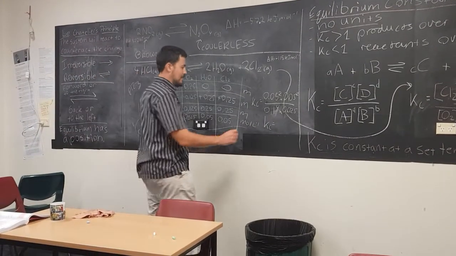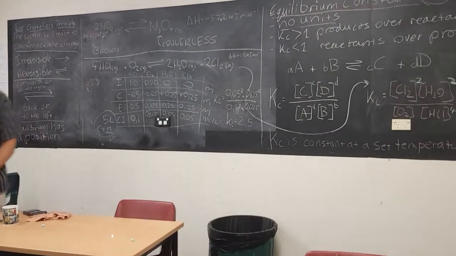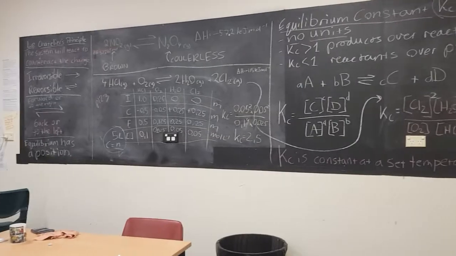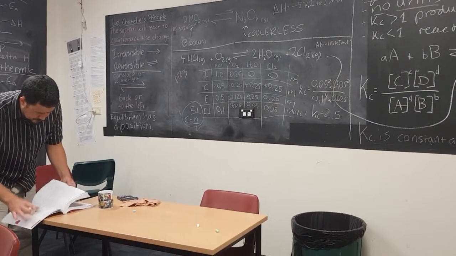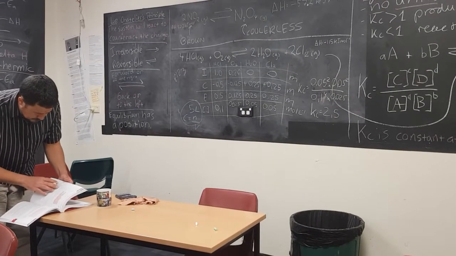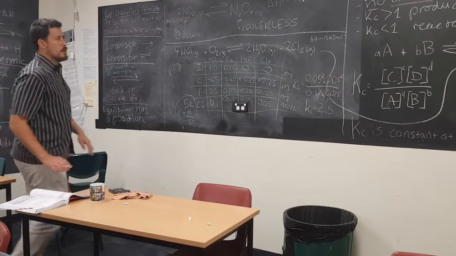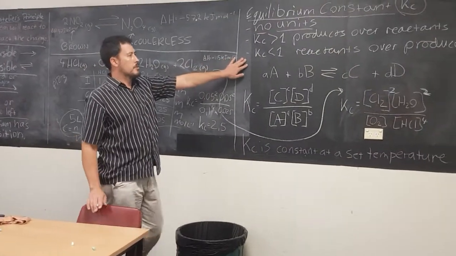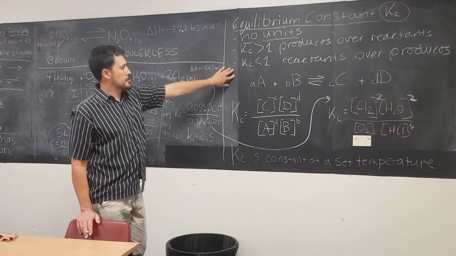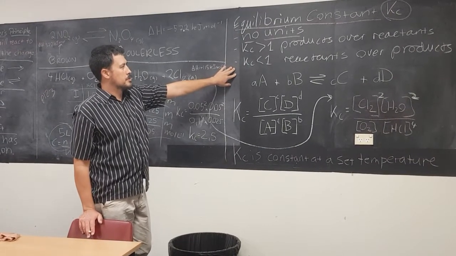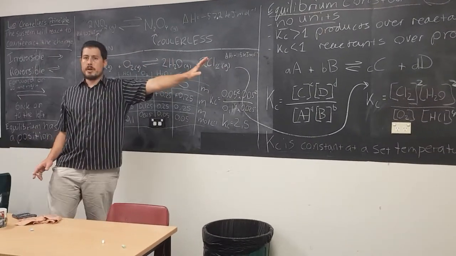I got 2.5. You could just halve five and do 2.5. Yeah, 2.5. So, based on this, is it greater than 1 or less than 1? Greater. So what's it going to favour? It's going to favour going to the right. And that's exactly what's occurred.